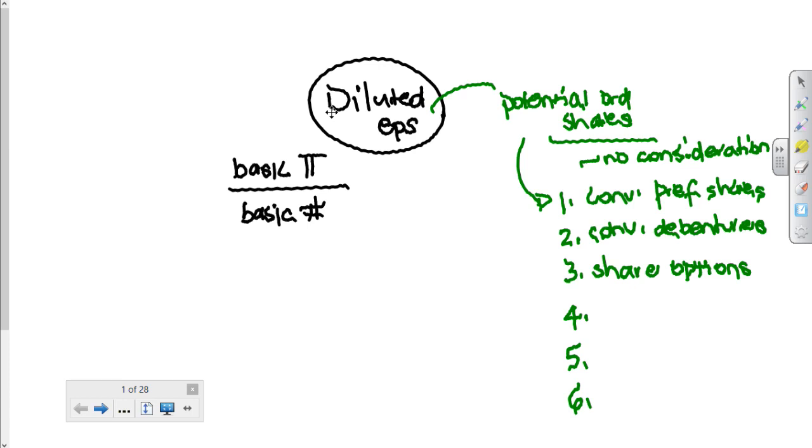We're also going to look at contingently issuable shares. I'm just going to say contingent shares. Contingent shares are shares that are given for free, sometimes to management, sometimes to customers.